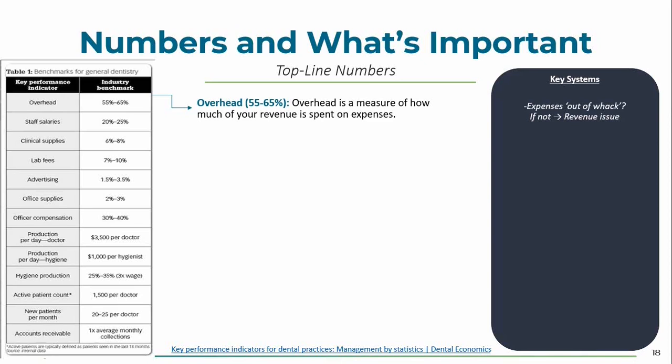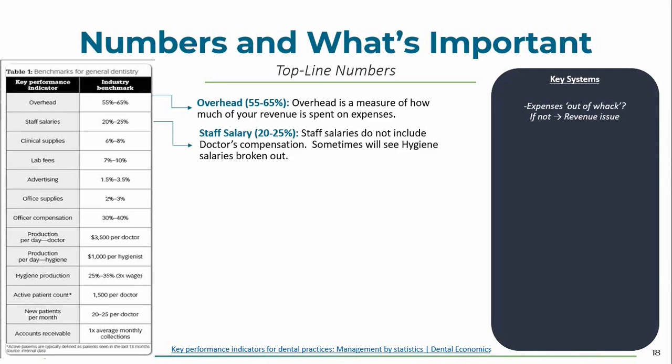If you're already paying your people market wages and it's nothing out of the ordinary, if you're paying a fairly reasonable amount on your lab costs, maybe it's just that you're not bringing in enough money. So again, the key with overhead is that it's a ratio. Ratio means you can impact the numerator or the denominator.